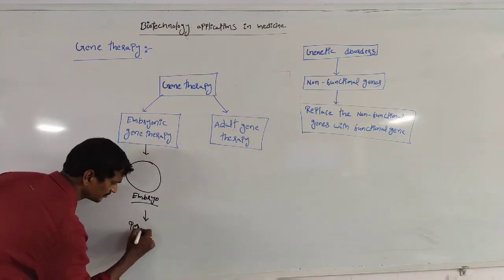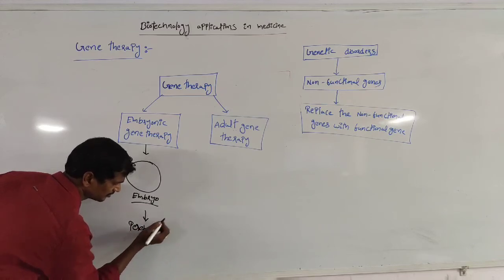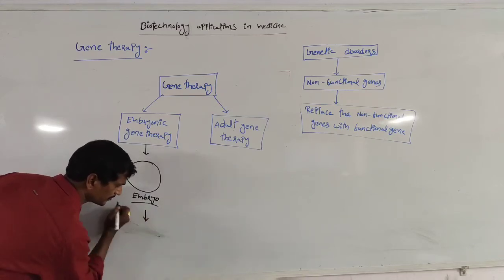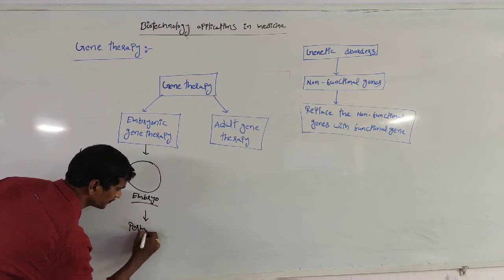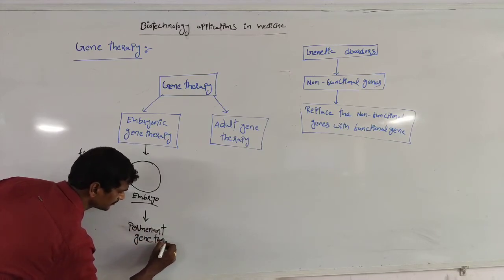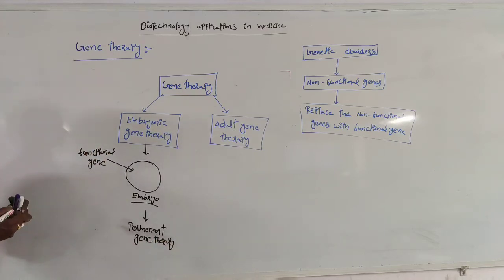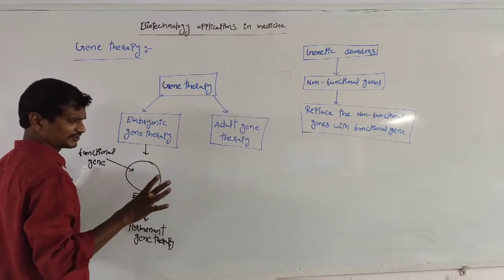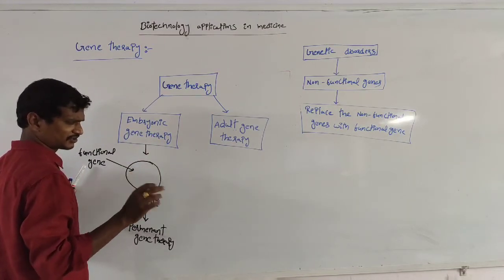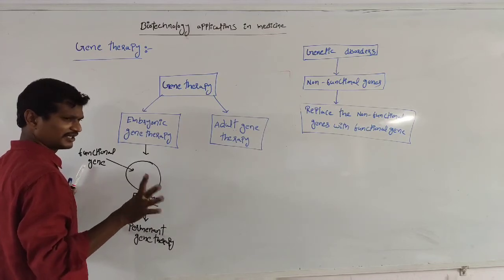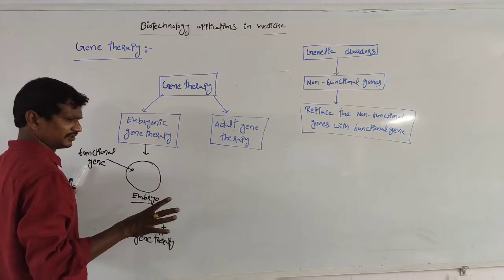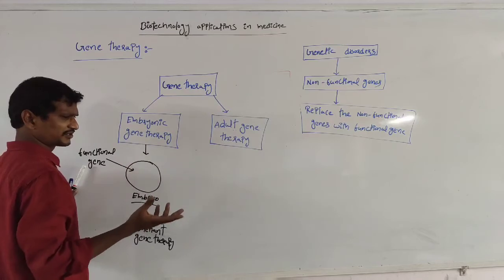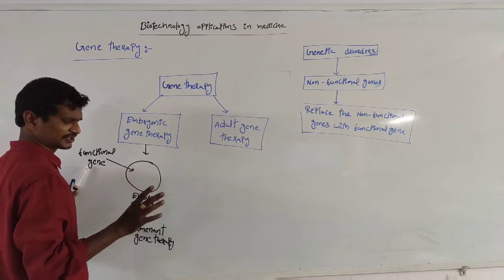The treatment is permanent gene therapy. The concept is very easy here. Parents have some genetic disorders, and the disorders are identified. Then there is a chance for the disorders to be expressed in the next generation.